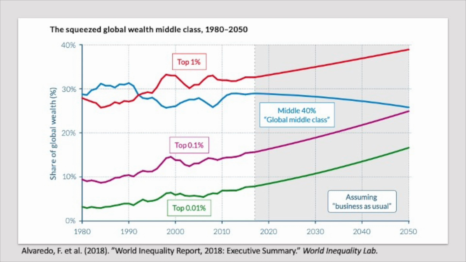That's 40% of people compared to the top 1%. So big difference, right? And then it is showing us projections moving forward if we assume that things continue as is. Of course, this already isn't quite true, right? Because the coronavirus probably is going to impact global wealth inequality. But this was from a few years ago. Assuming business as usual, we would see this gap continue to increase across time.